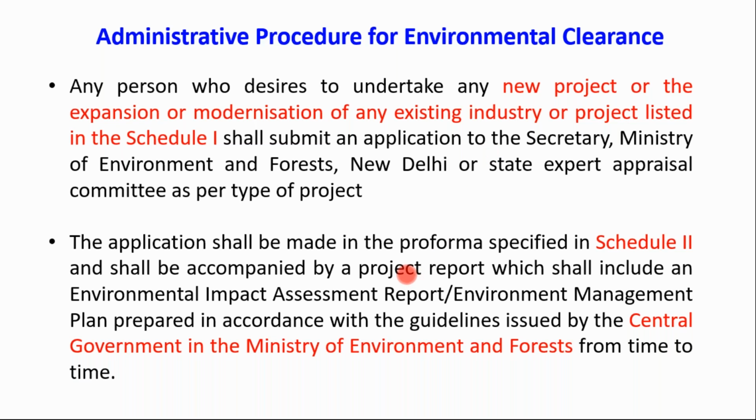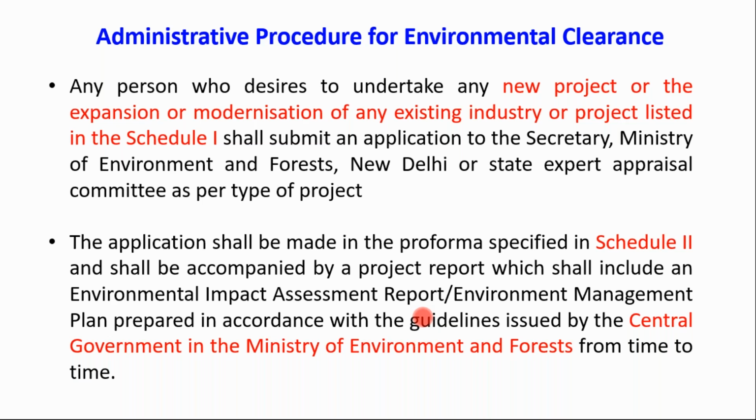Then the second point: the application shall be made in the pro forma specified in Schedule 2 and shall be accompanied by a project report which shall include an Environment Impact Assessment report. Schedule 2 gives you the idea regarding the contents of this EIA report and the Environment Management Plan, prepared in accordance with the guidelines issued by the central government in the Ministry of Environment and Forest.